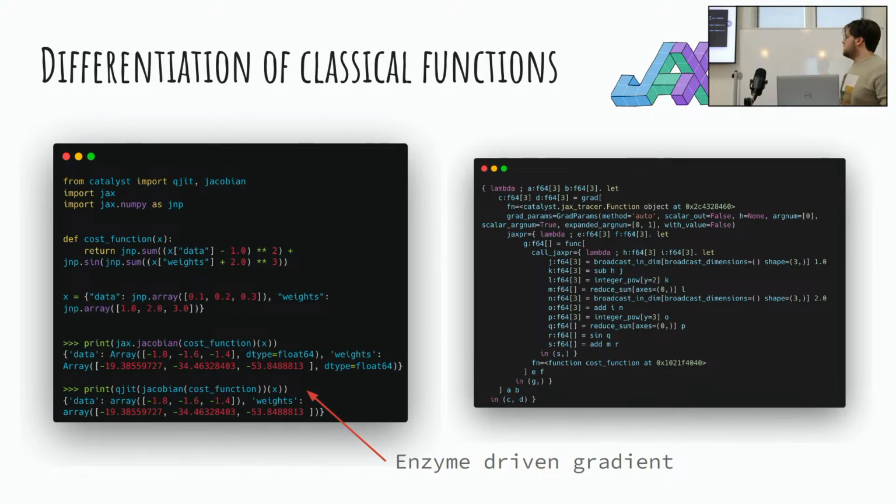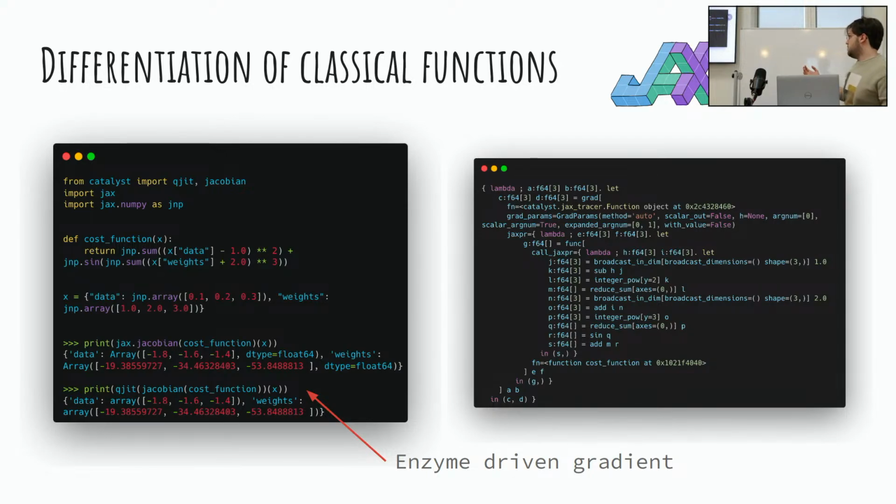Here you have a simple JAX function that uses sum, gets a dictionary with data and weights, and also uses sine, and you just apply the qjit decorator instead of using XLA. It lowers down to MLIR, then LLVM, but with the standard dialect, not XLA, and it will use Enzyme for the differentiation, and you see that you get the same results.